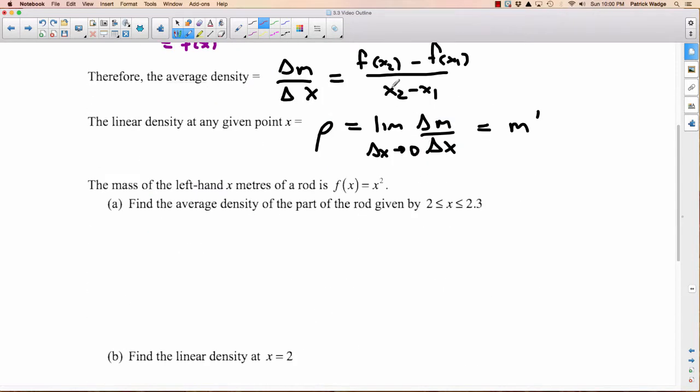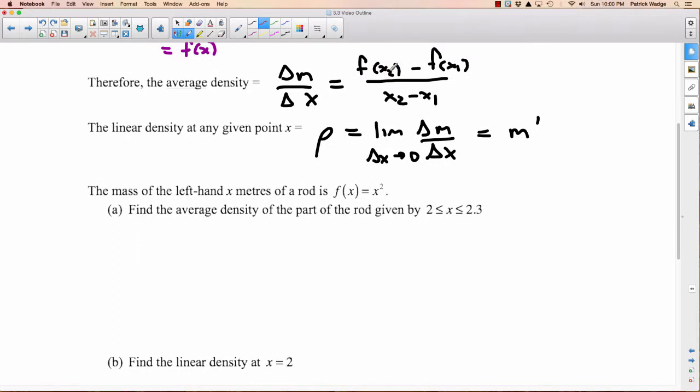So how do we do that? We find f of x2 minus f of x1 over x2 minus x1. Okay, so let's do that. Change of m over change of x equals f of x2. Well, that means we plug x2, which is 2.3, into here, so we get 2.3 squared. Minus, now we plug 2 into f of x, so we get 2 squared.